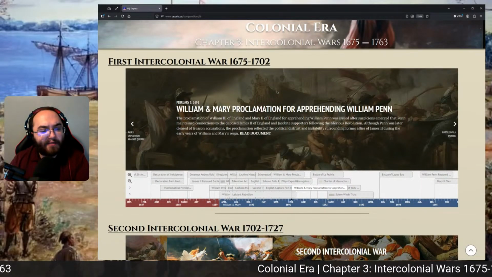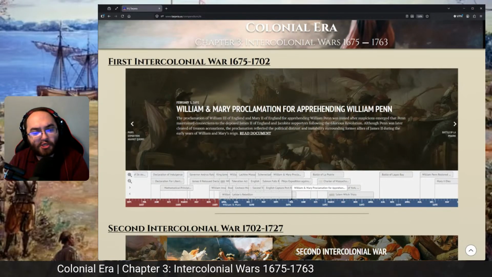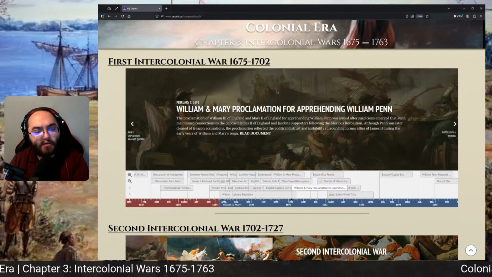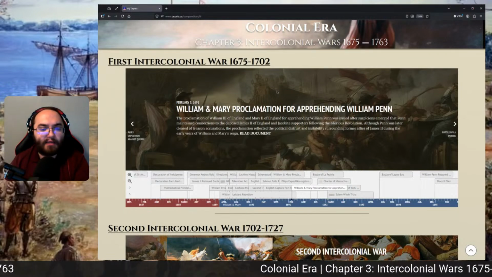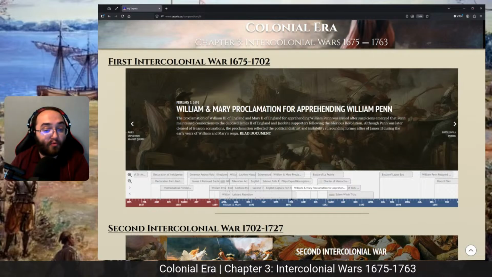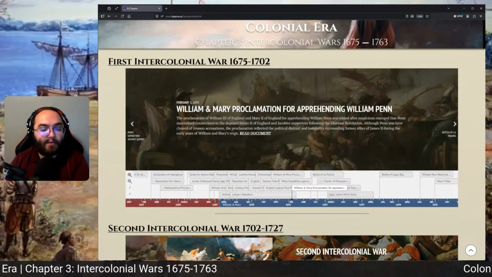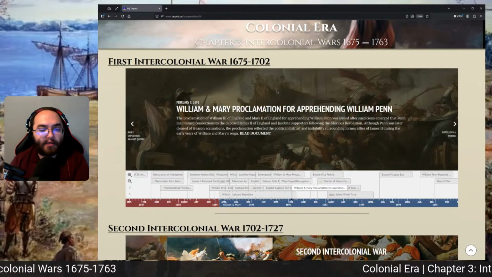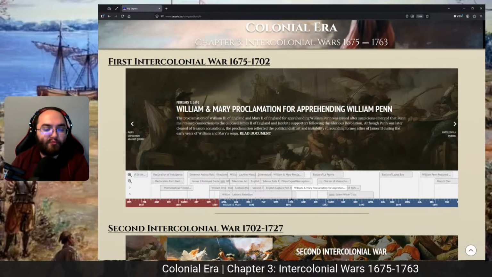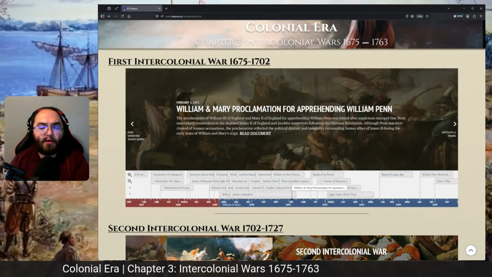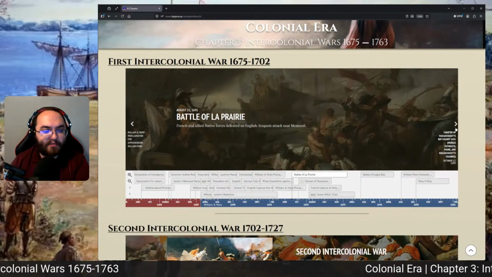And so William Penn is under the suspicion that he tried to support James II and the Jacobite supporters following the Glorious Revolution. And so Penn will be apprehended, arrested, and his charter will be revoked, or at least his proprietary ownership of Pennsylvania will be revoked, but he will be restored soon after. There's yet another attack.